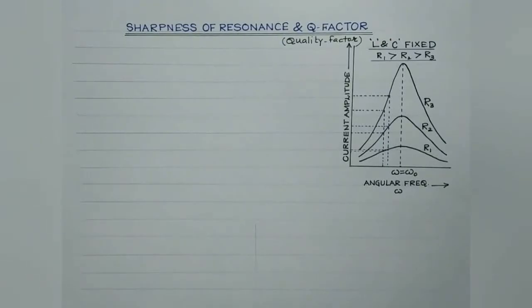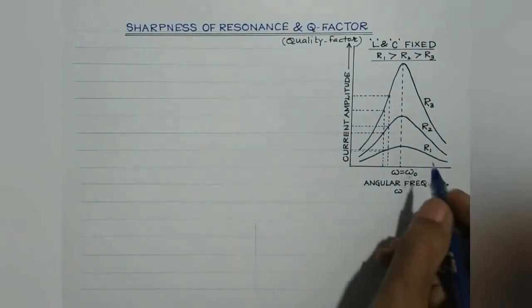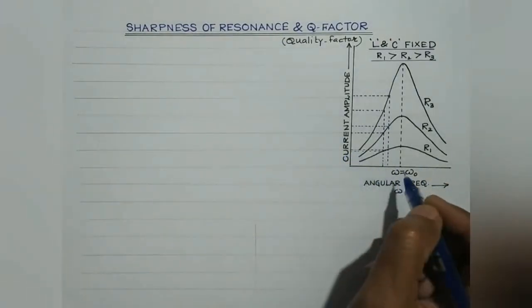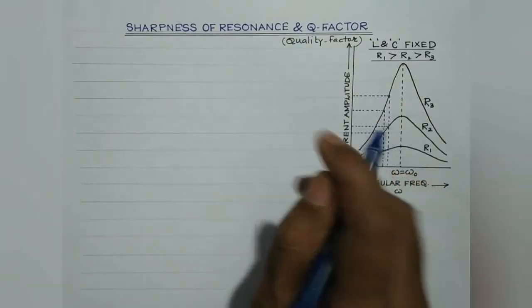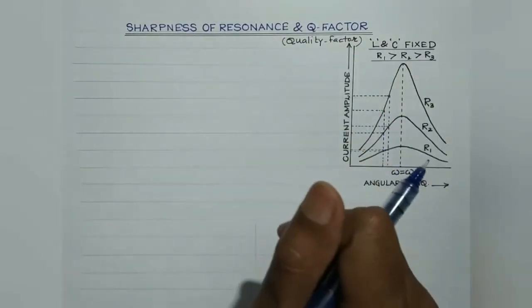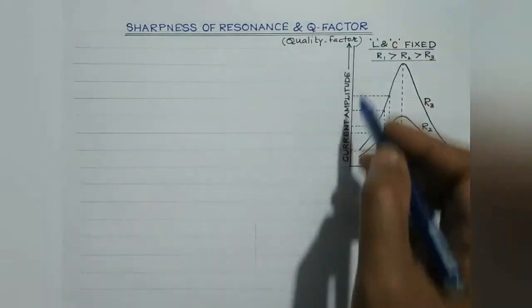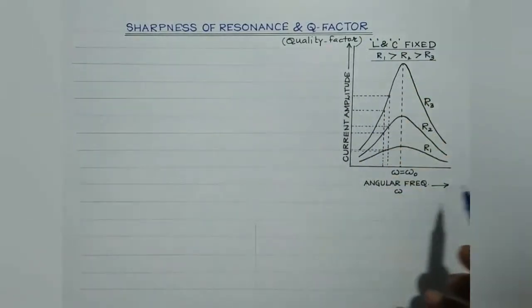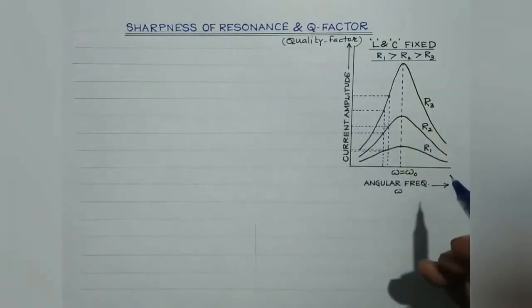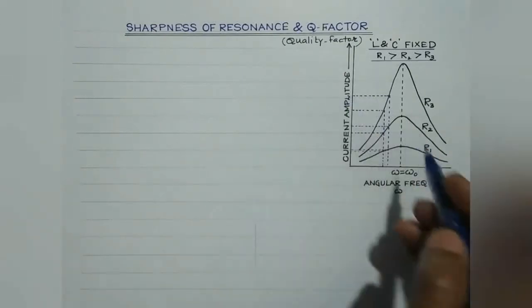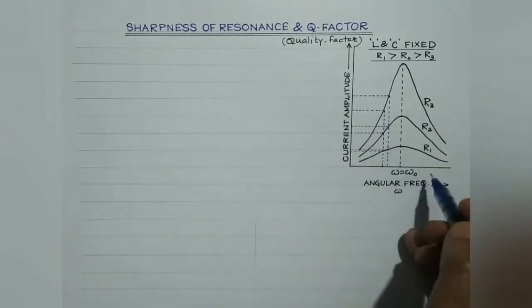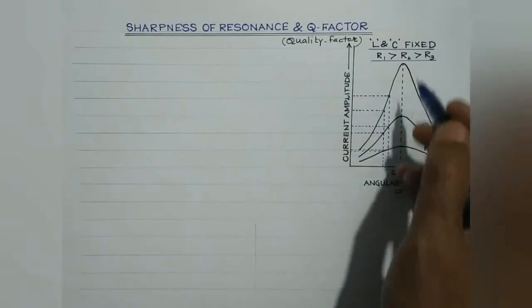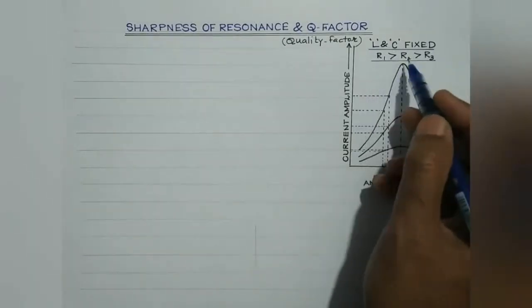Okay, so we are already aware that at resonant angular frequency, that is omega naught, the current in the LCR circuit becomes maximum, right? So this is a graph. Basically it shows the variation of current amplitude with the angular frequency of the AC source for three different resistances: R1, R2 and R3.